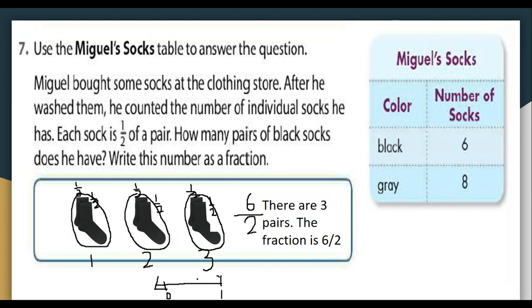so there's a number line here. So from 0 to 1 is 1/2. That represents 1 sock. And this also represents another half. So that's 2 halves that equal 1 whole. That's just for 1 pair.